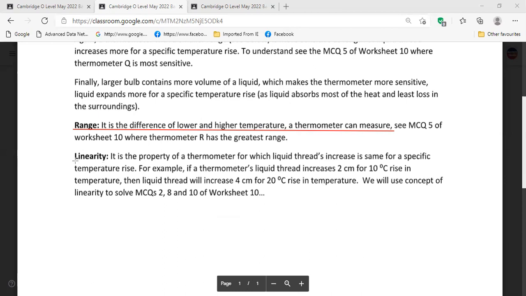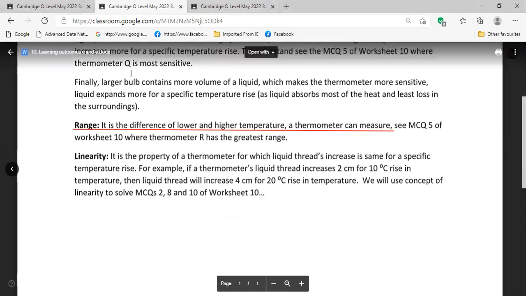And then you write linearity. Like we understood calibrating a thermometer, right?